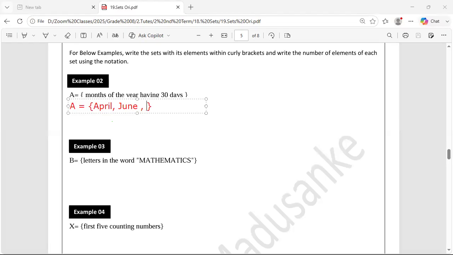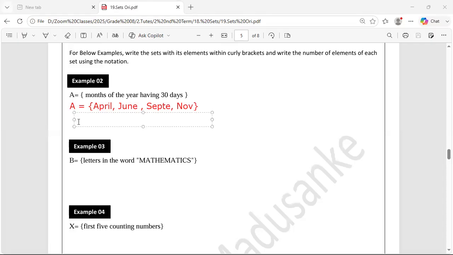Please do it with me. June, September, November. Only these 4 months have 30 days. So they are asking you to write down all the elements within curly brackets and the number of elements of the set.